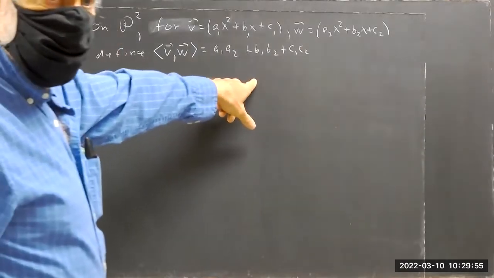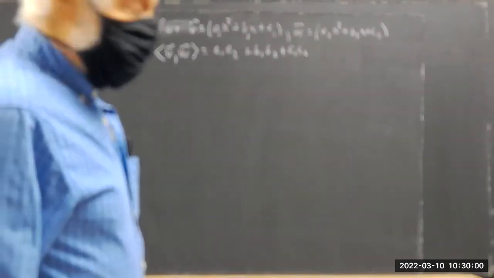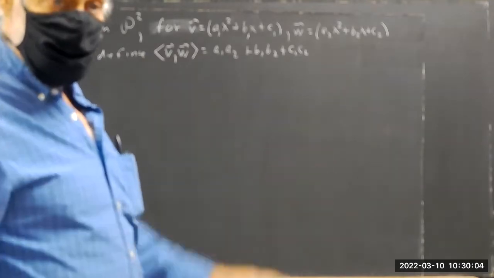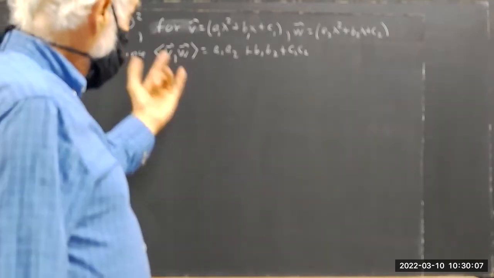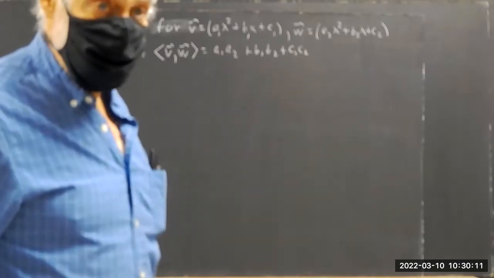We define this. That's an inner product. It has all the properties. V dot W equals W dot V. I'm not even going to write this out. If you reverse these, then you have A2, A1, B2, B1, C2, C1, which is the same.